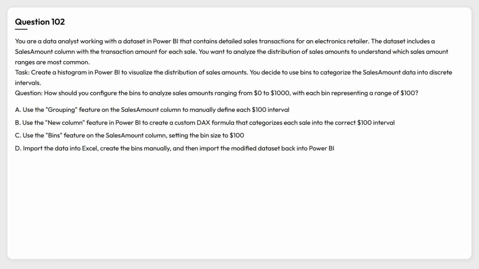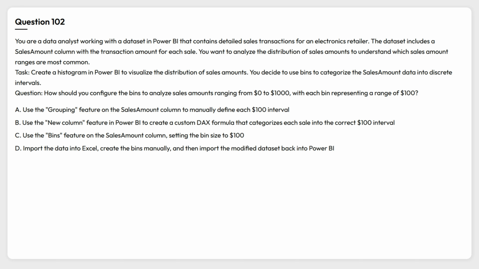Option A. Use the grouping feature on the sales amount column to manually define each $100 interval. Option B. Use the new column feature in Power BI to create a custom DAX formula that categorizes each cell into the correct $100 interval.